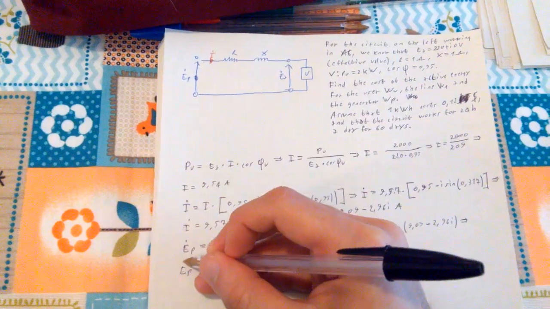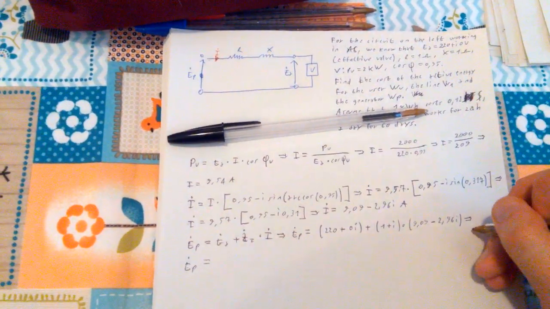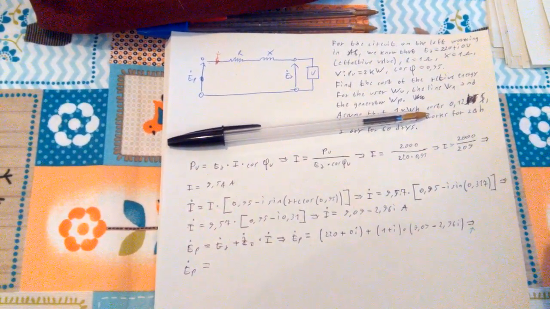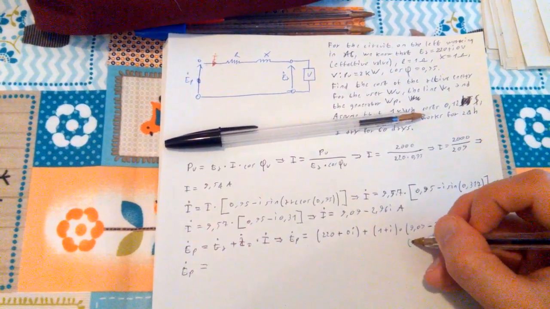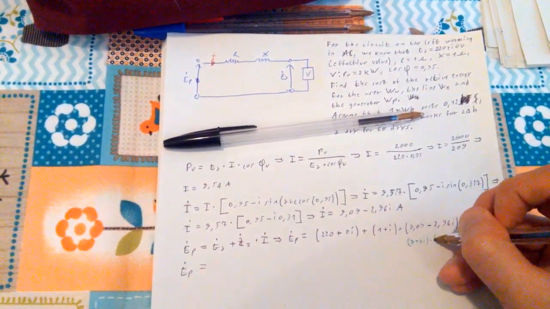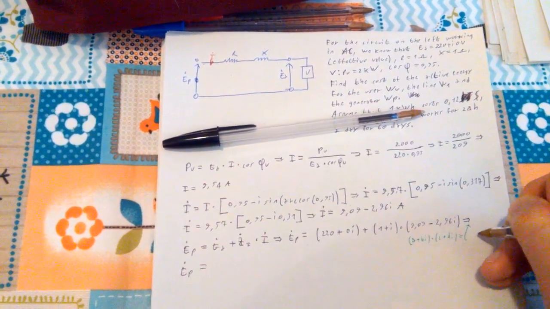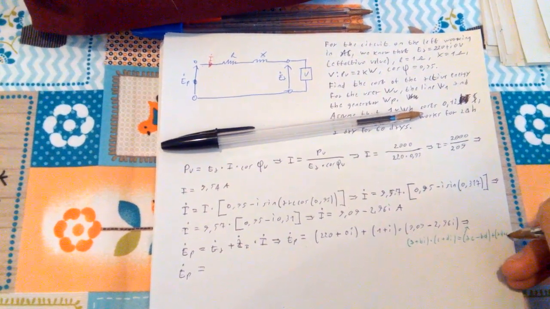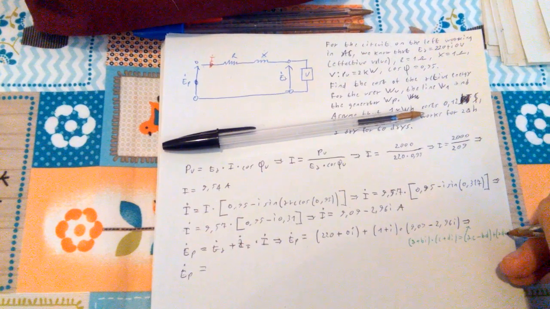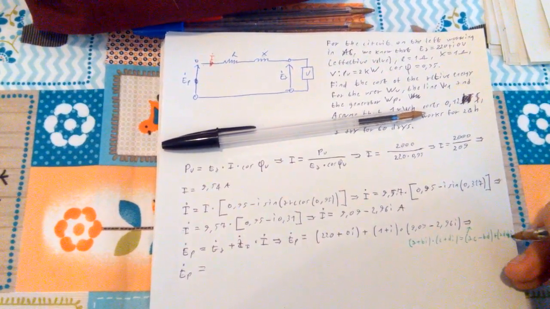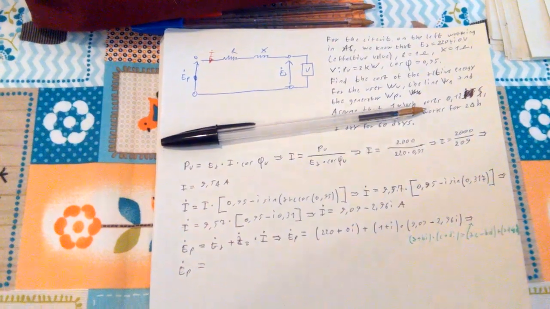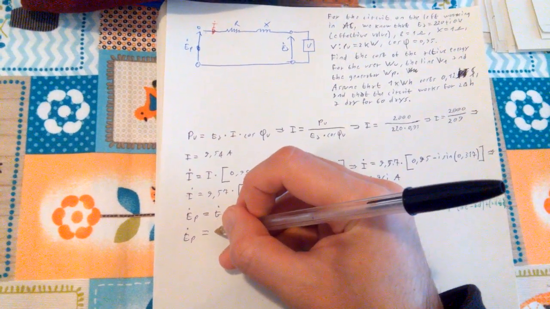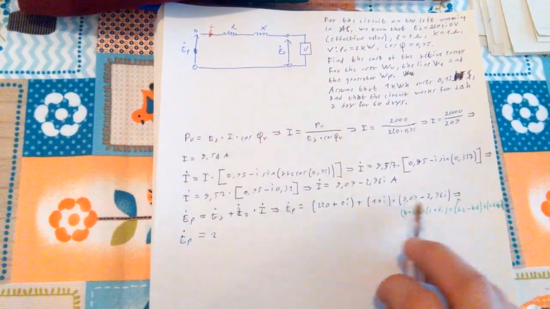So EP will be, well, what do we have here? We have a product of two complex numbers. So these will be like A plus BI times C plus DI, which will give me AC minus BD plus AD plus BC I. So EP is, well, I'm leaving this one around, multiplying those two.